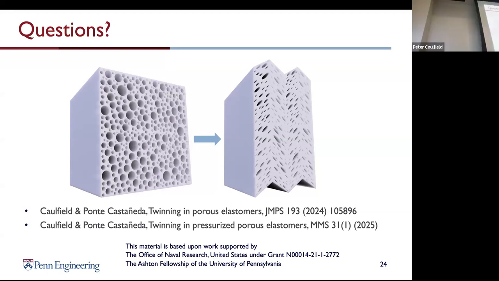Sorry, just to finish on this one. There's something that you can say about the size of these domains. You draw an interface between these domains. That interface will require some additional energy that is not being accounted for.